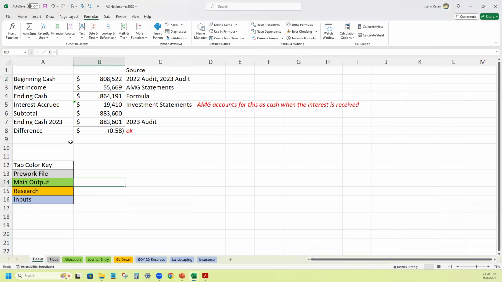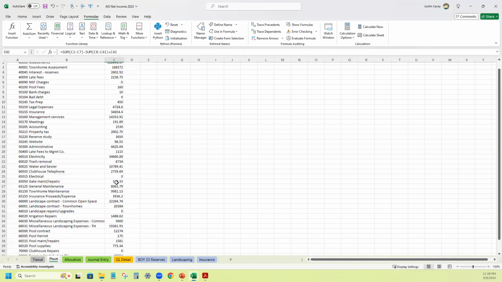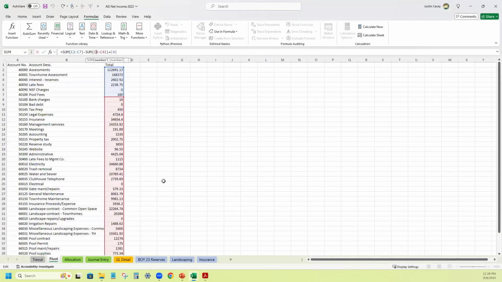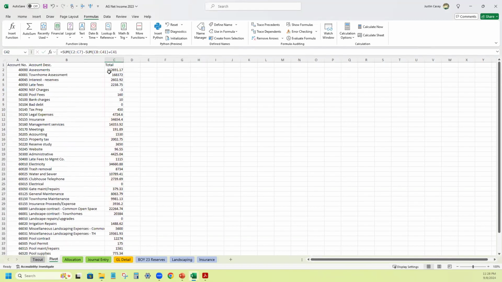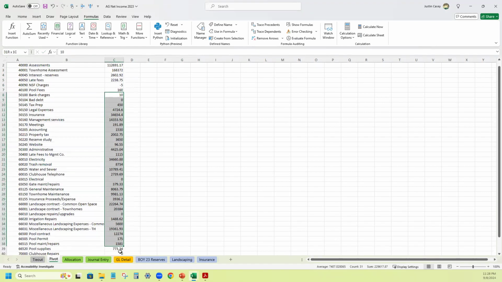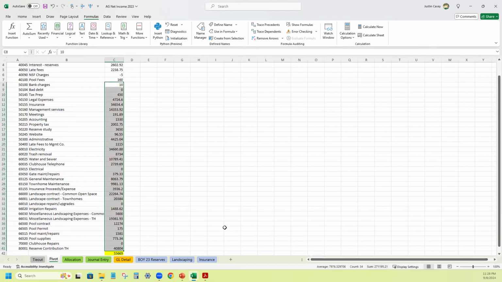So if you're with me so far, great. 55,669 is the number to keep in mind, because this is basically the total cash fluctuation from beginning of the year to end of year. Okay, looks like we took in this 4,000 series accounts here of 286, and we spent, except for the reserve contribution, about 230.